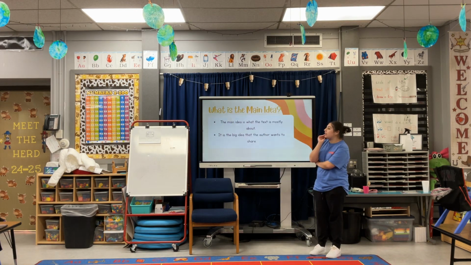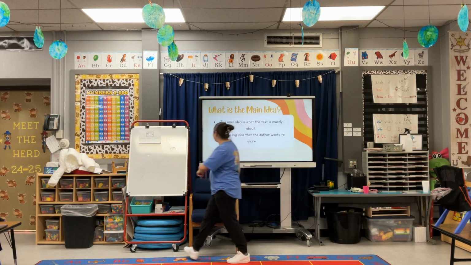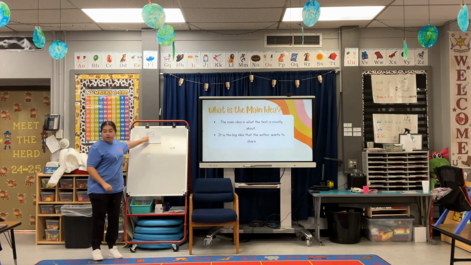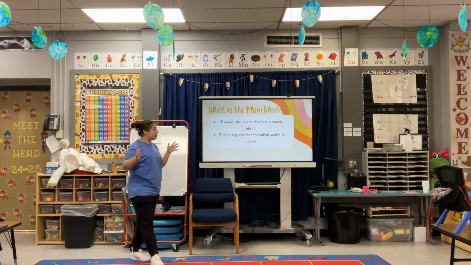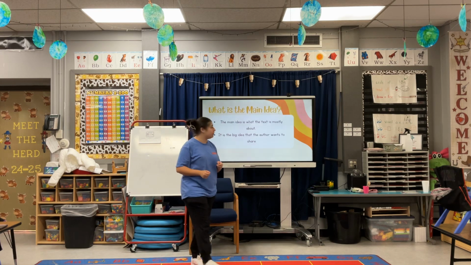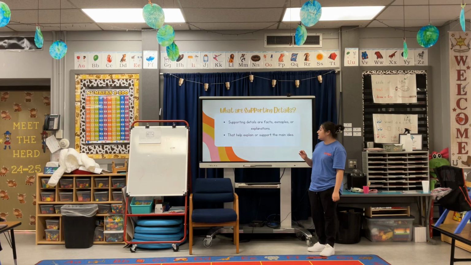So what we're going to talk about is the main idea and the supporting details that go with that. So what is the main idea? Remember, the main idea is what the text is mostly about. It is the big idea that the author wants to share. What are supporting details?